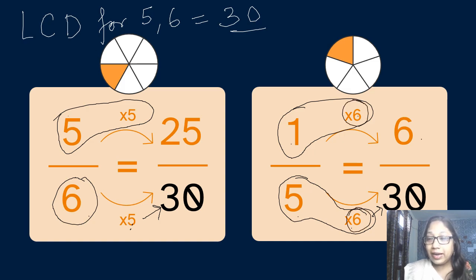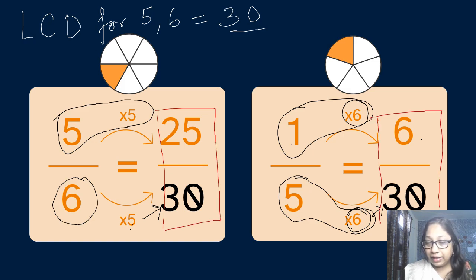Now the new fraction is 6 upon 30. Now we have two like fractions. One is 25 upon 30. Then 6 upon 30. Both have same denominator. So these are like fractions. Now we can do the subtraction of these numbers.